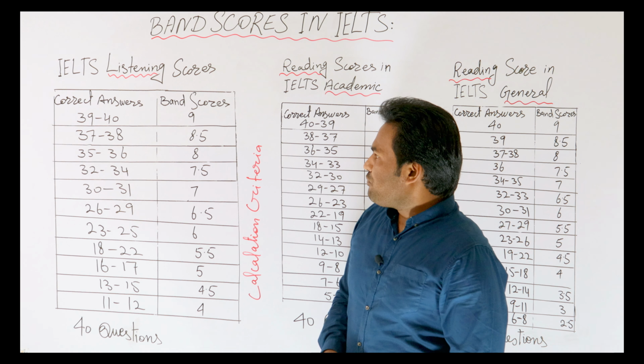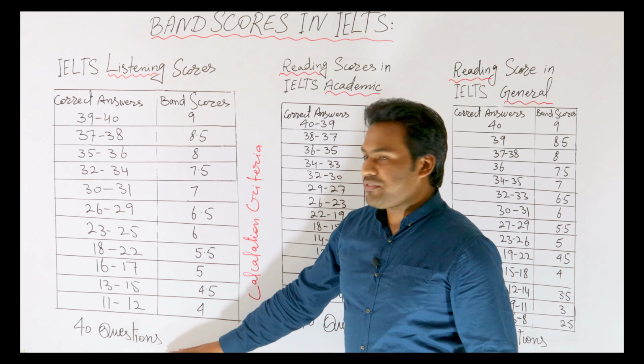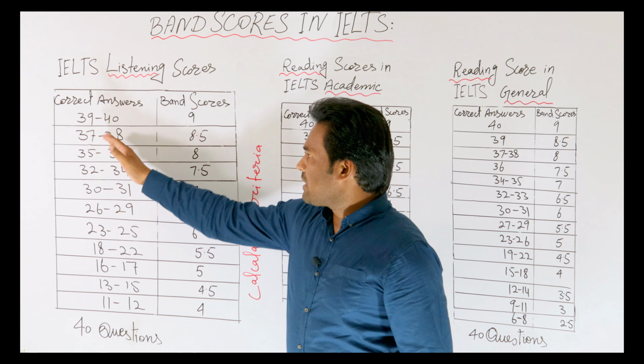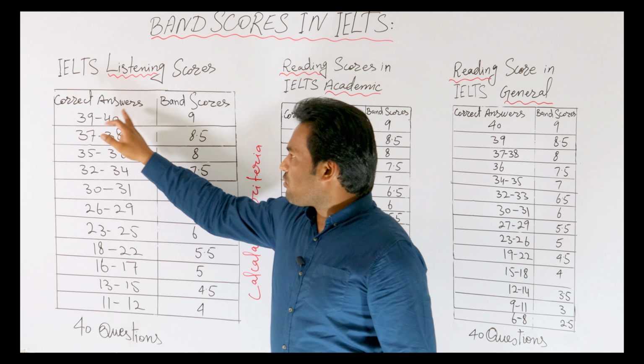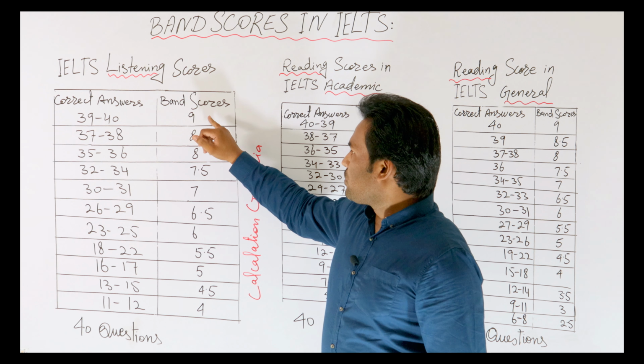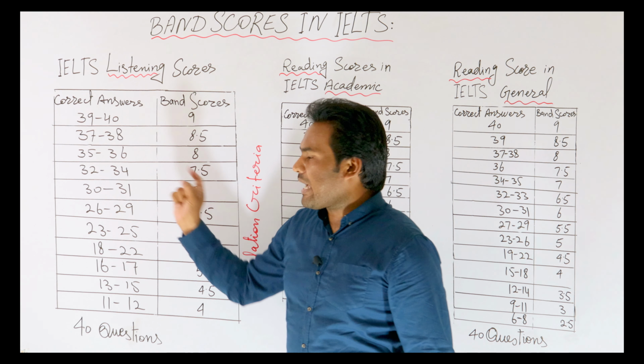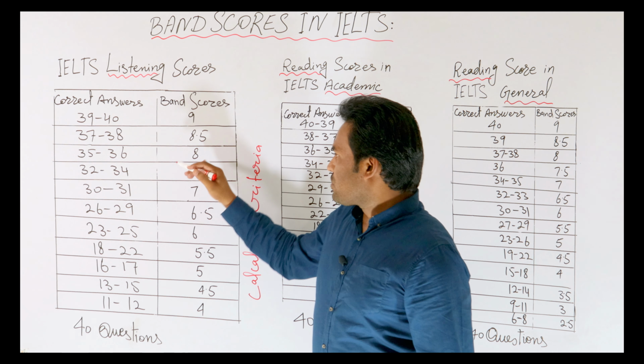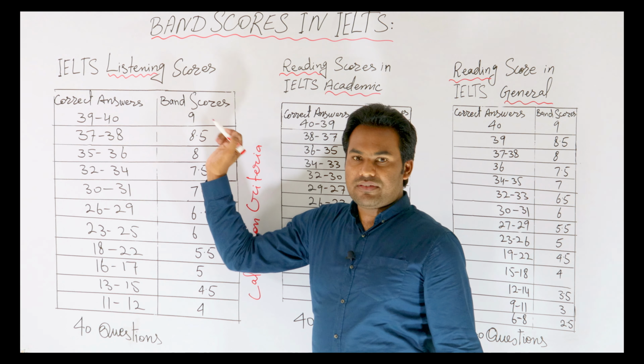If there are 40 questions in listening, and you have solved 39 or 40 questions, your score is 9. If you have solved 38 or 37 questions, your score is 8.5 bands.